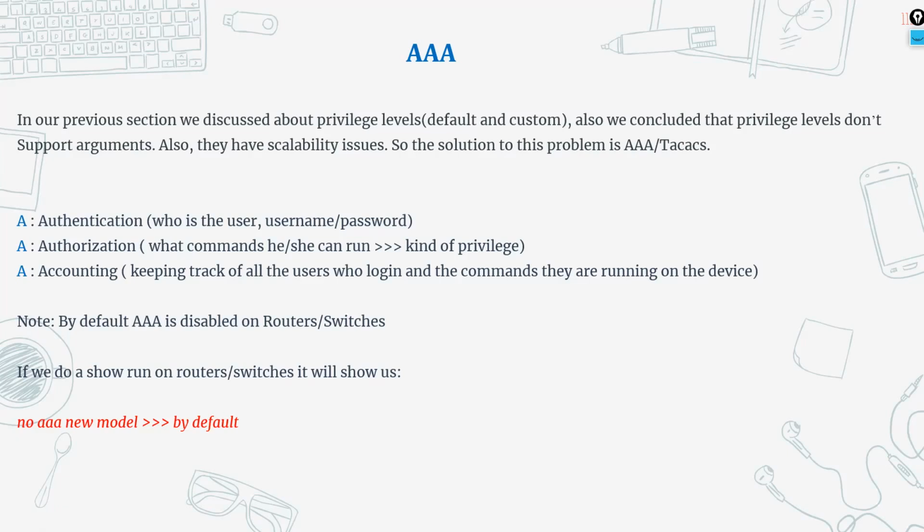But if you talk about the Cisco ASA, because that is our security appliance, on that particular device AAA is enabled by default. So to check AAA, you can simply say show run on your Cisco router or switches.